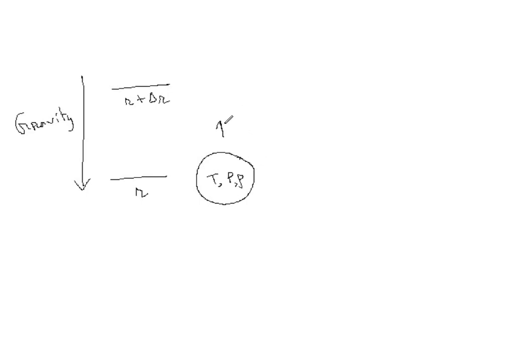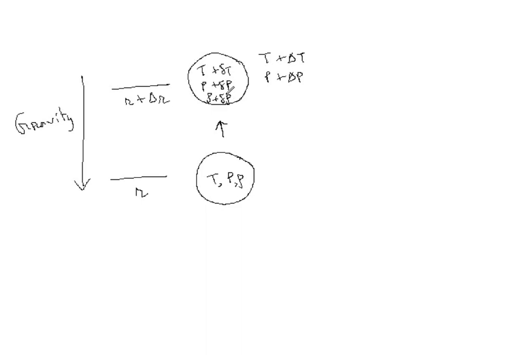Now this blob is moving upward, so this means there is convective instability, and here the temperature inside is this, P plus delta P and rho plus delta rho. What about the medium outside? Here in the outside medium the temperature is this, pressure is this.